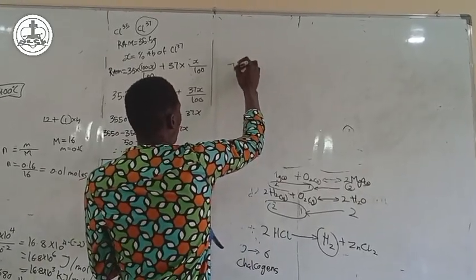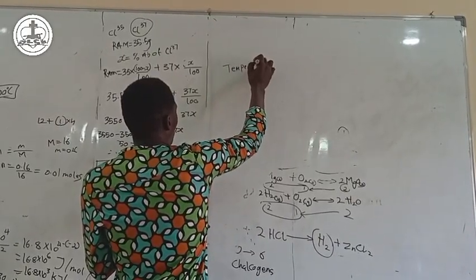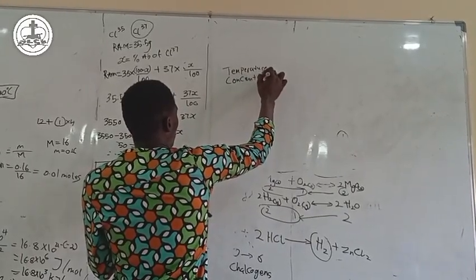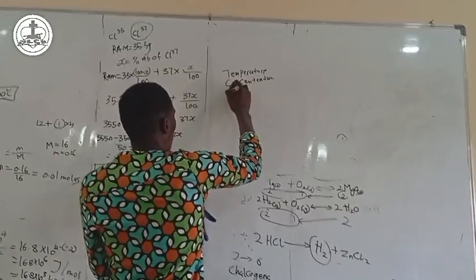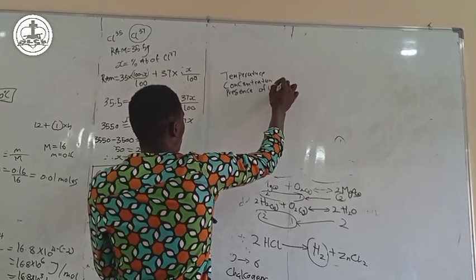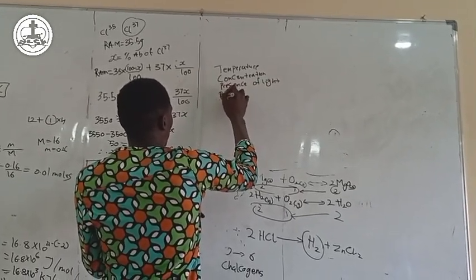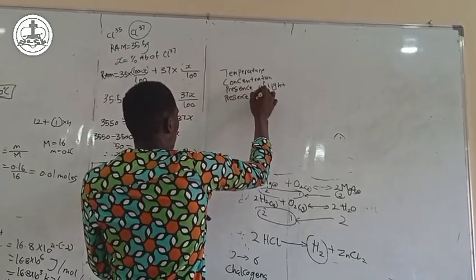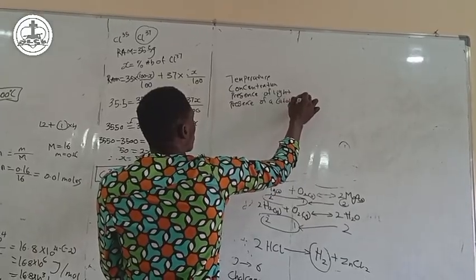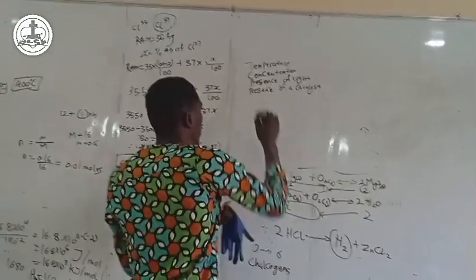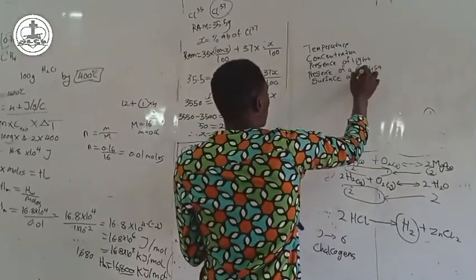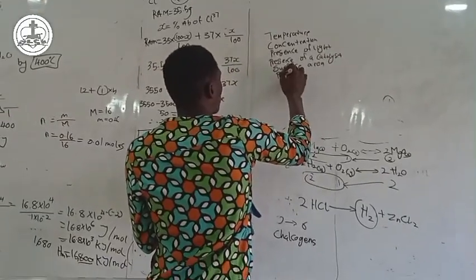We have temperature, concentration, presence of light, presence of a catalyst, and surface area and pressure.